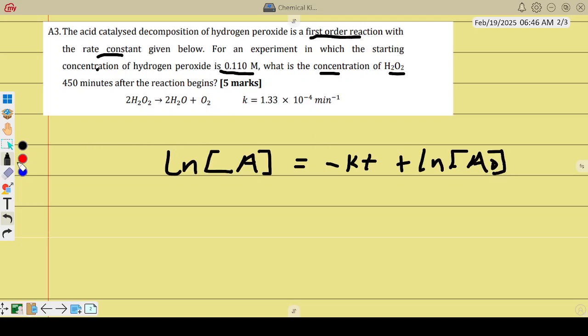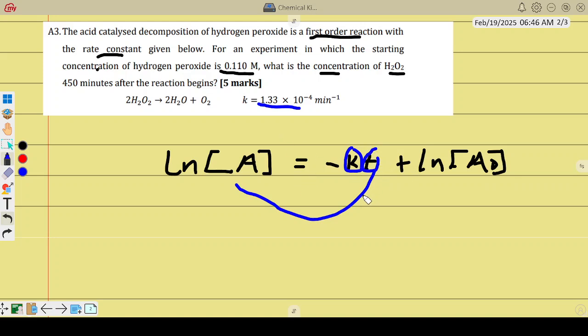They want us to find, the rate constant is given, the time after 45 minutes is given, and they want us to know the concentration. Remember, the integrated rate law shows the relationship of concentration with respect to time, the rate at which a reaction is progressing.